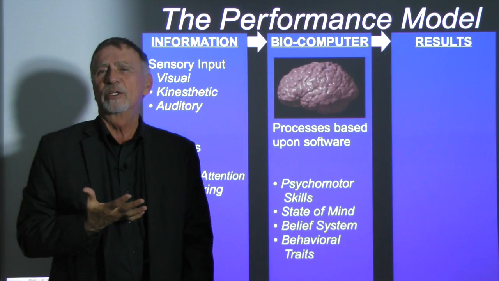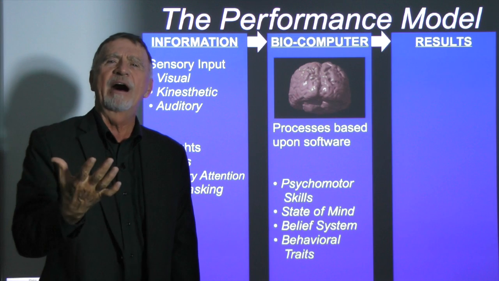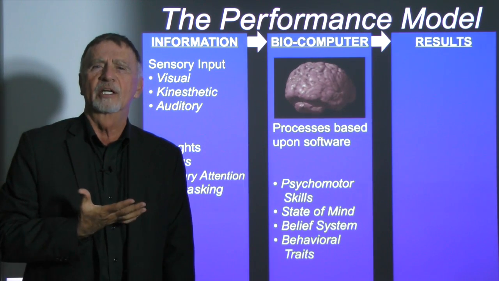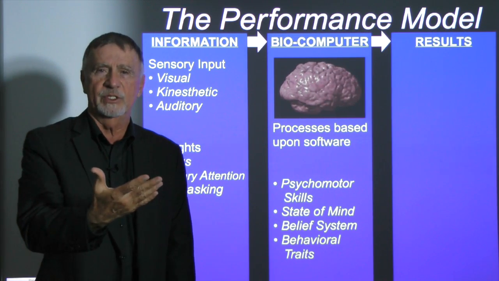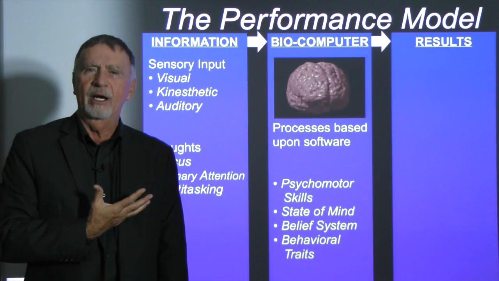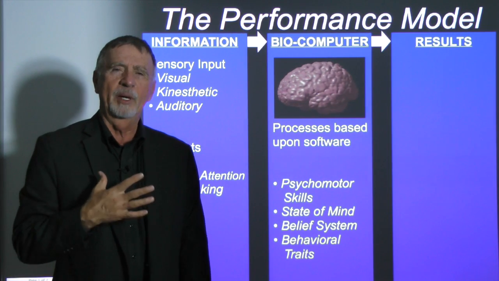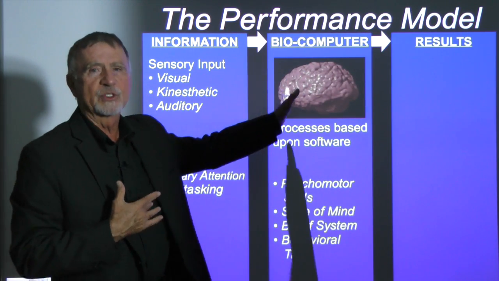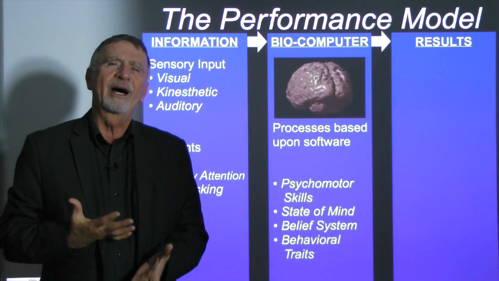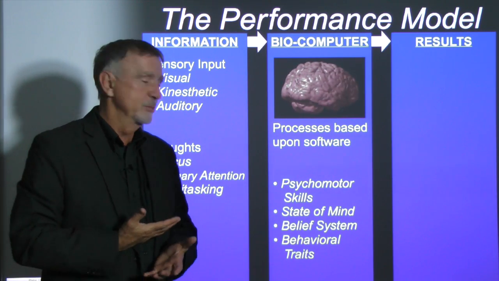My state of mind is really important. If I have fear, if I have doubt, I don't perform at as high a level. If I have more confidence, then my state of mind is better and I have a tendency to perform at a higher level. In addition to that, my belief system. My belief system is a part of this programming of what I really believe about myself, or what a child believes about themselves.